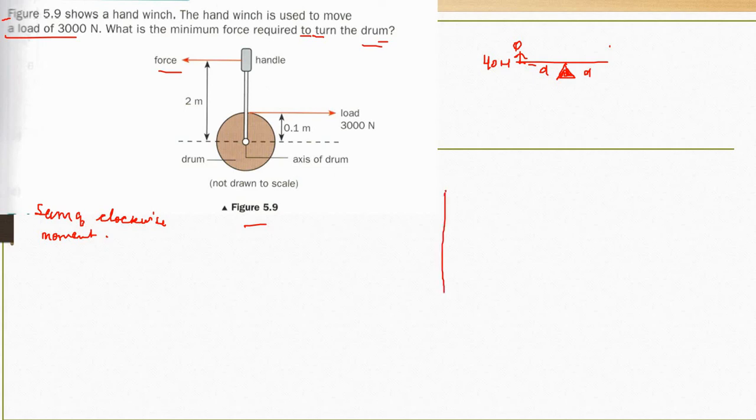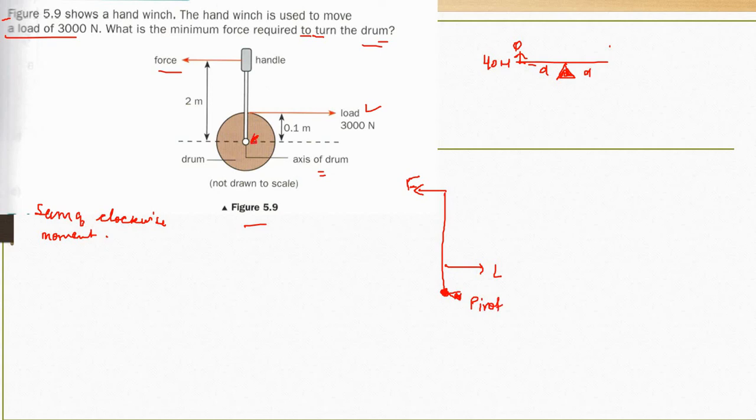So one force is in this direction, then the load you have in this direction, which I am writing with L. This is your force. Now where is the pivot point? So this is the axis of the drum. It means at this point you are moving it. So this is your pivot point, this point which I have put here in red.